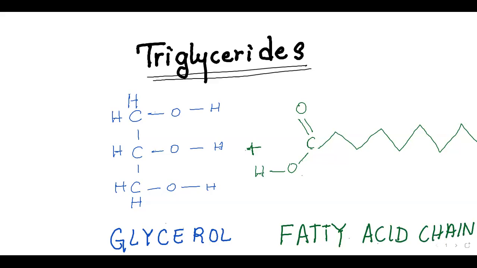So we need one molecule of glycerol and three molecules of fatty acid. These two are going to join together and make a bond. What is the bond going to look like? First of all, this is my molecule of glycerol.